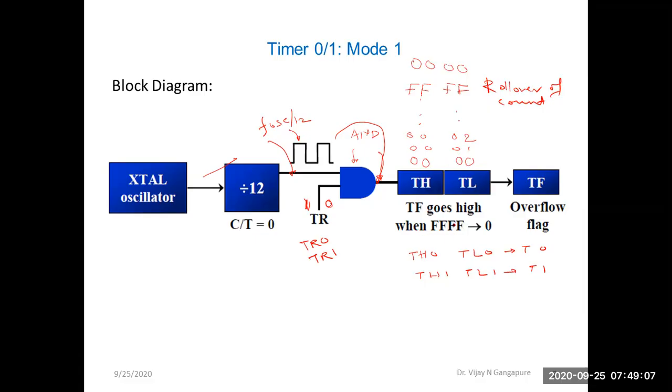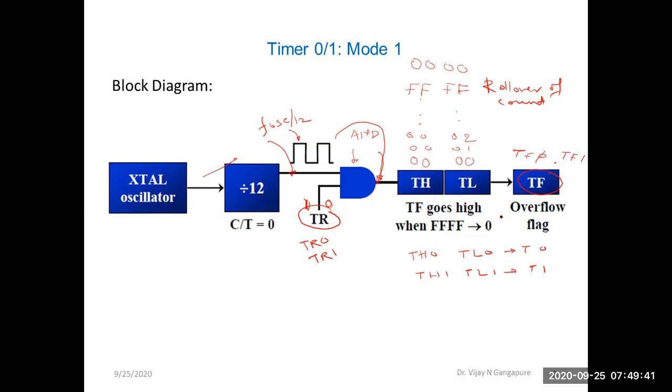So when such a rollover of count happens, what will happen? There is a bit, the timer flag bit TF, or overflow flag bit. That bit is in the TCON SFR we are going to study. So these bits, TR0, TR1 and TF0, TF1, are in the TCON SFR.